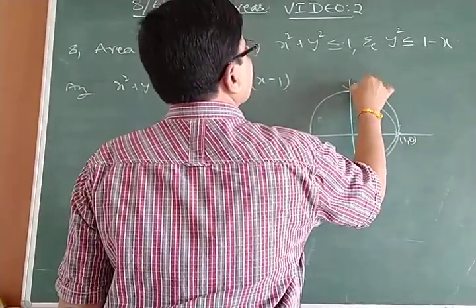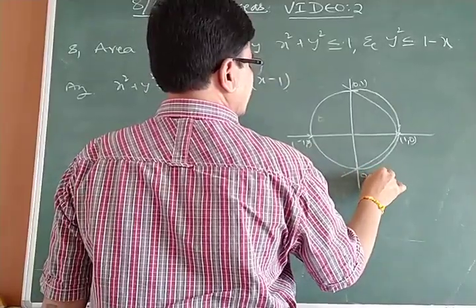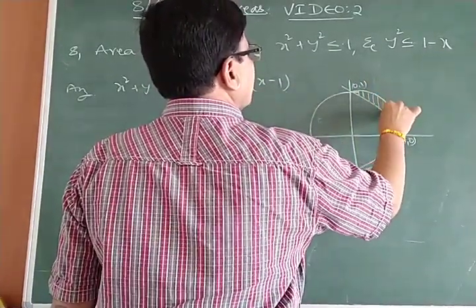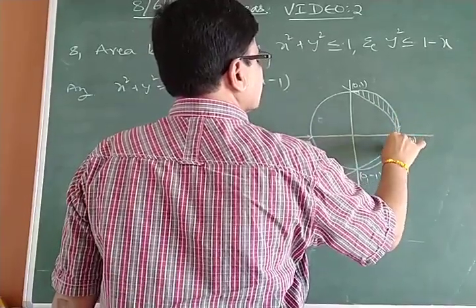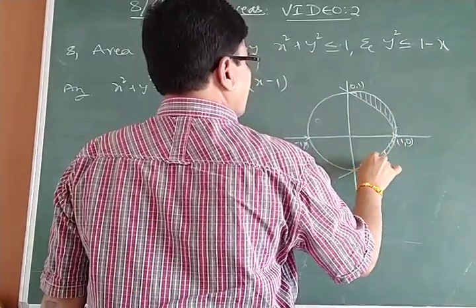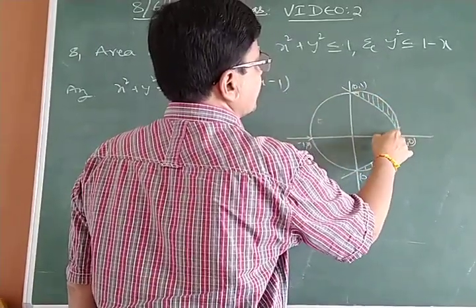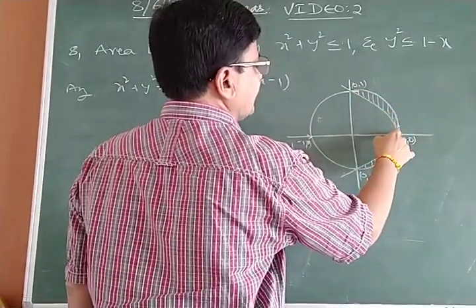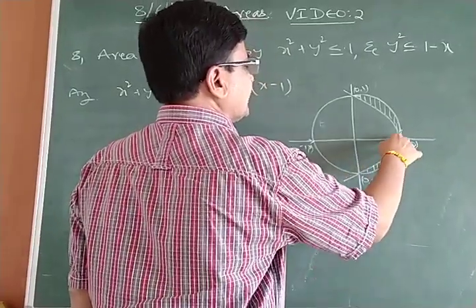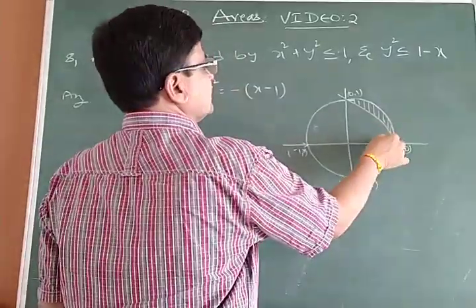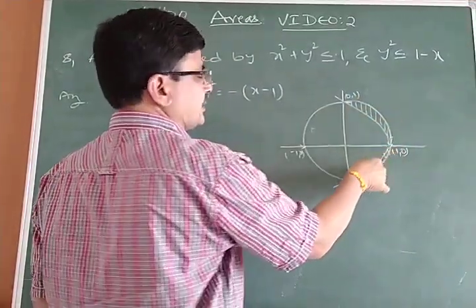This is 0, 1 and 0, minus 1. Now this is the area bounded by the circle and the parabola. By symmetry, the area bounded by the circle and the parabola in the first quadrant is also equal to the area in the fourth quadrant. So these two areas are equal.